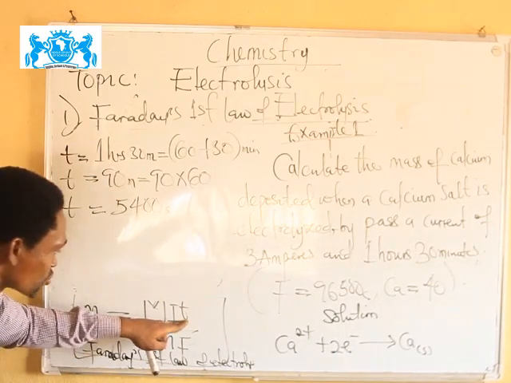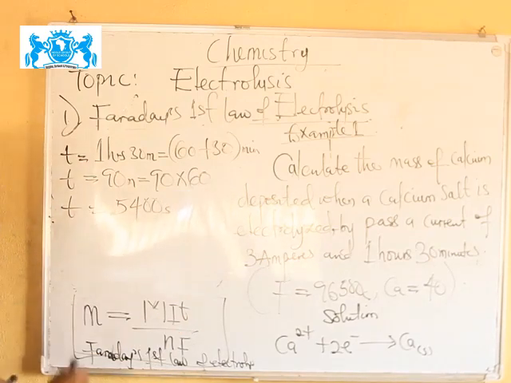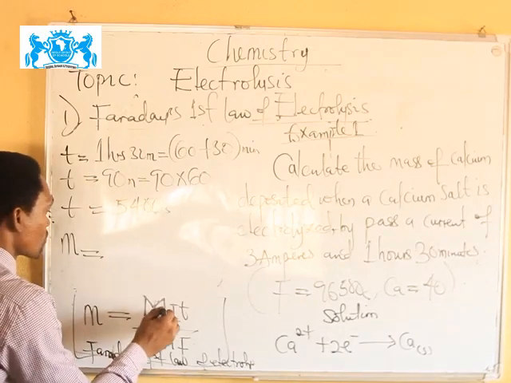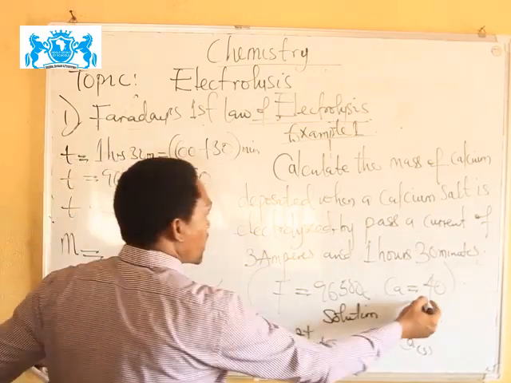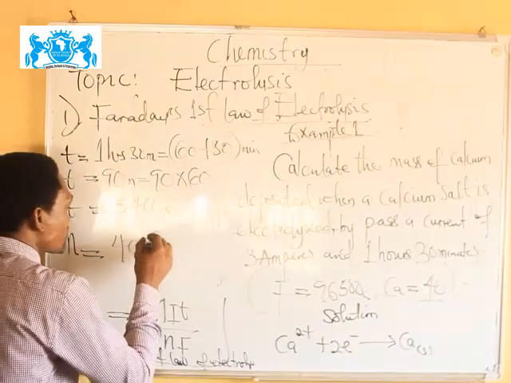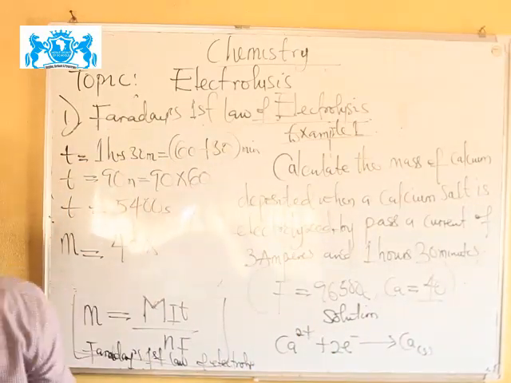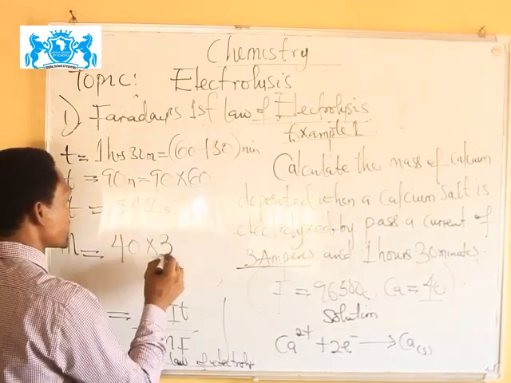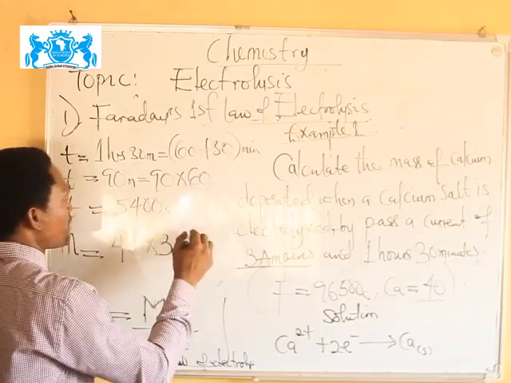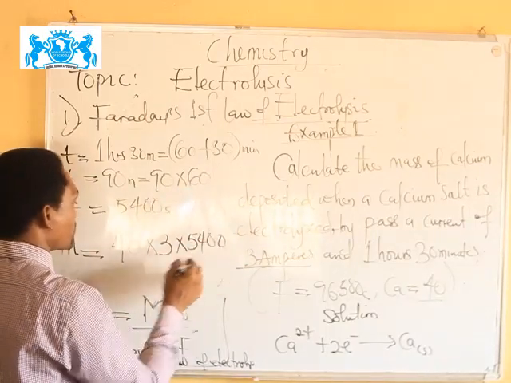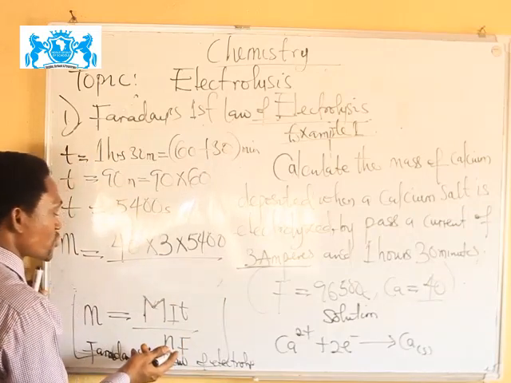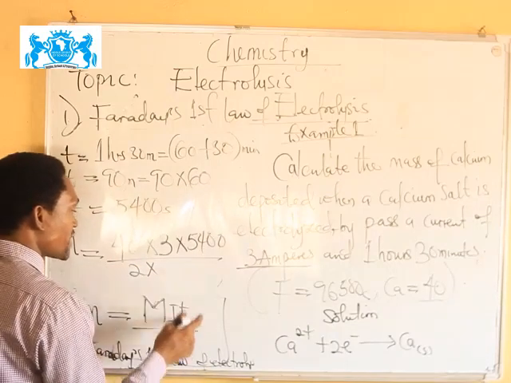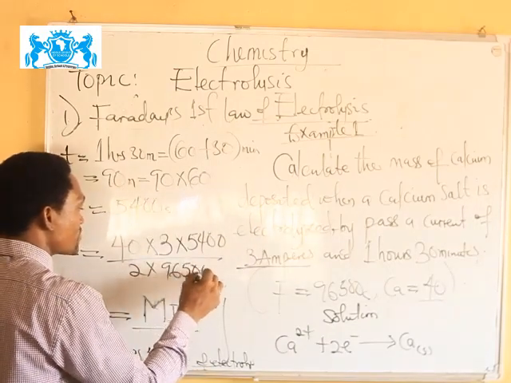Now, this is what we are going to substitute over here. So our M from that question will now be the molar mass of calcium, which is 40, times the current, 3 amperes, times the time, 5400 seconds, divided by the number of charge, which is 2, times 1 Faraday, which is 96500.